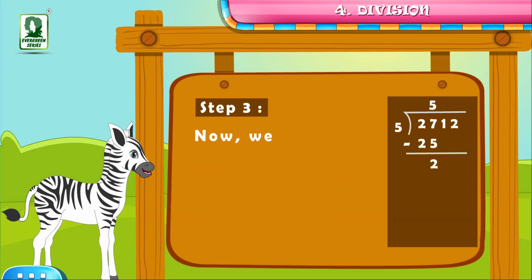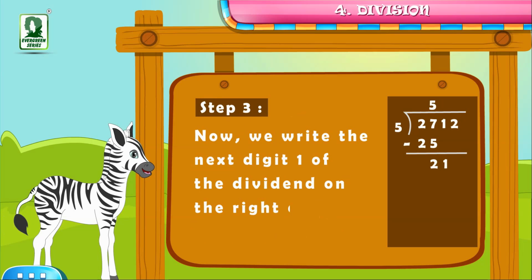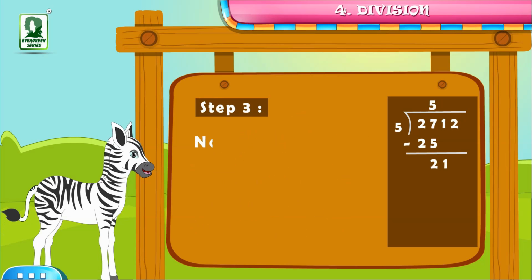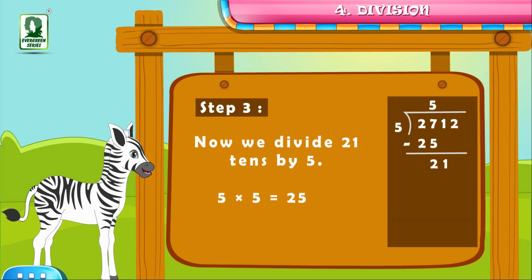Step 3. Now we write the next digit 1 of the dividend on the right of 2 as shown. Now we divide 21 tens by 5. 5 multiplied by 5 is equal to 25, and 25 is greater than 21.